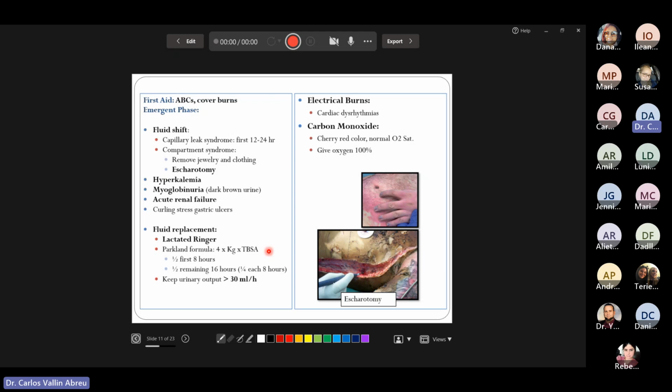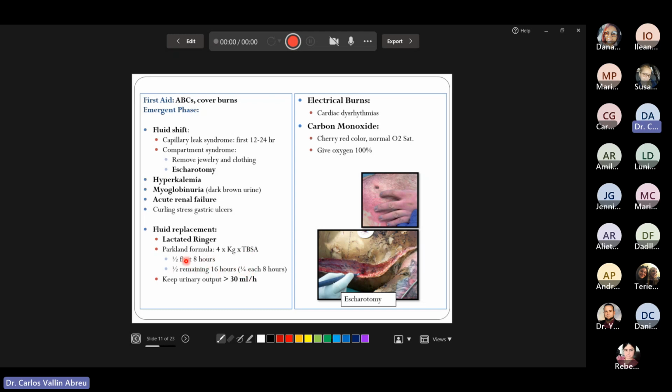And as I said before, they give you the calculation already. They say, the client had a Parkland formula calculation of 5,000 milliliters. How do you administer this liquid? You need to know that half of the volume calculated with this formula must be passed in the first 8 hours, and the other half in the remaining 16 hours.